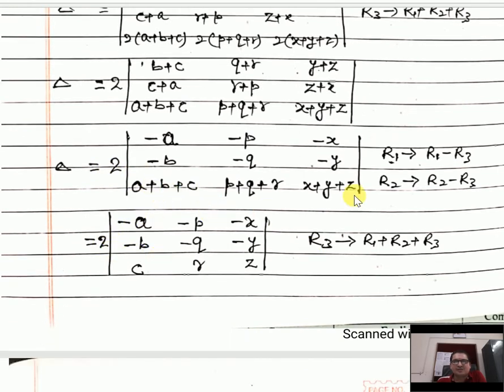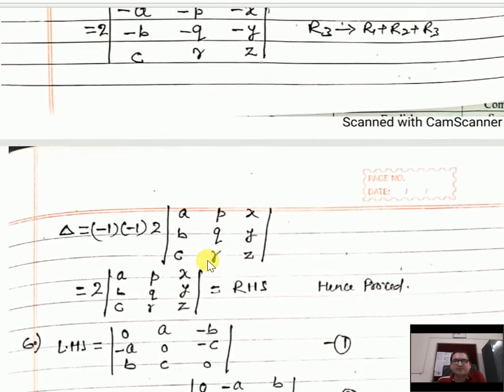Now this R3 changes to R1 plus R2 plus R3. So a and minus a, b and minus b get cancelled, you will get c. Here minus q and q get cancelled, you will get r here. There is no change in R1 and R2.